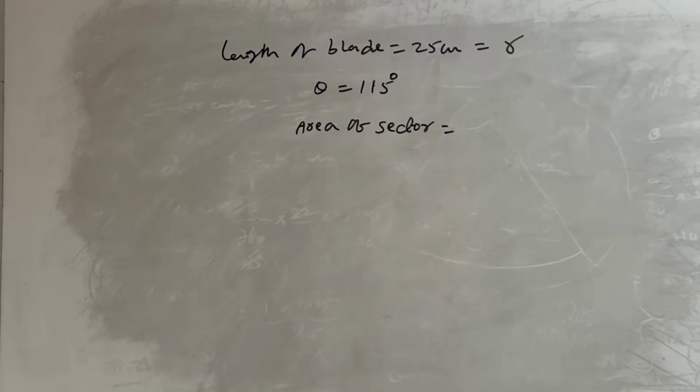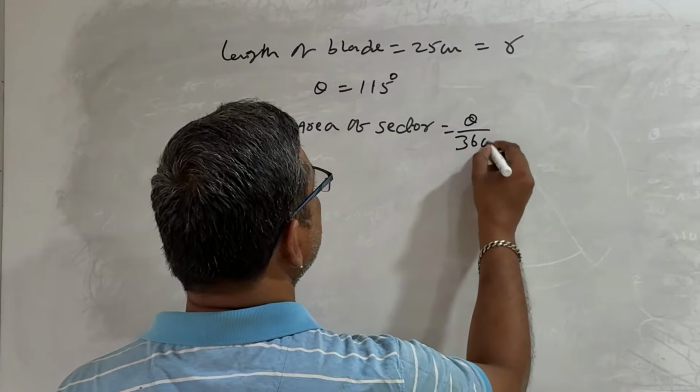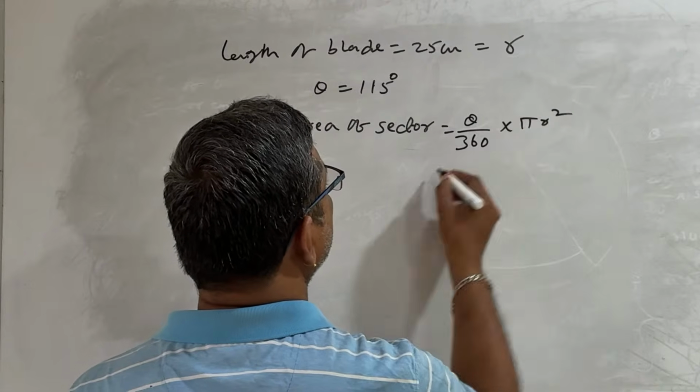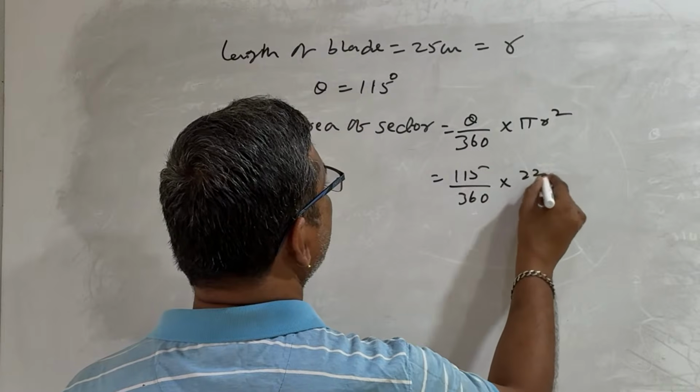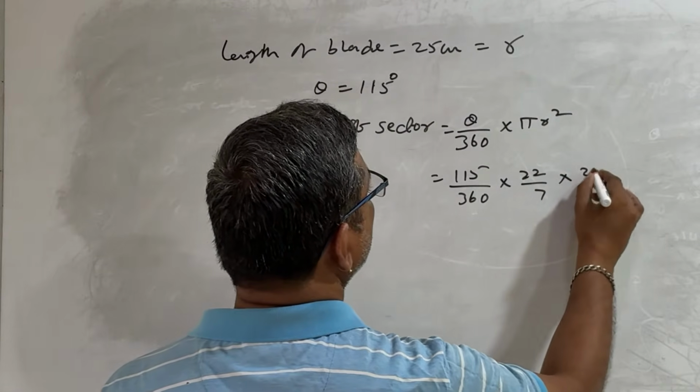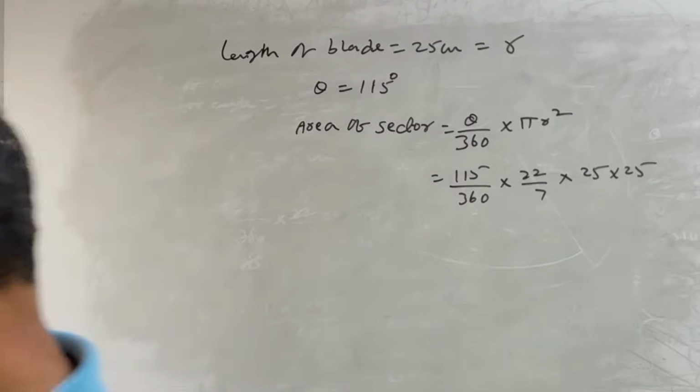Total two blades are there, so multiply by 2. Do it fast. Theta by 360 into pi r square: 115 by 360 into 22 by 7 into 25 into 25. Make it fast.